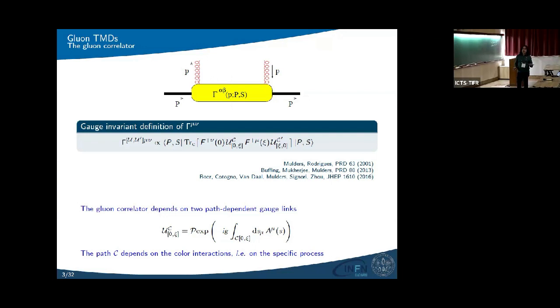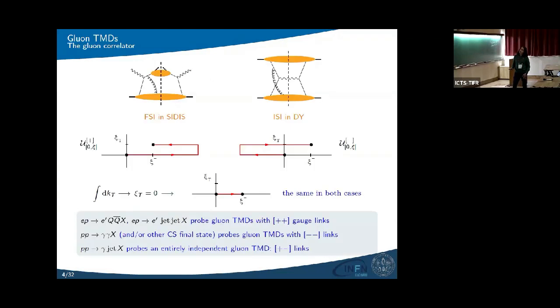The kind of gauge links that I will consider are the ones which are also known from the study of quark TMDs. They are staple-like objects. I said that xi plus is 0, so we are in the plane here with xi plus equal to 0.